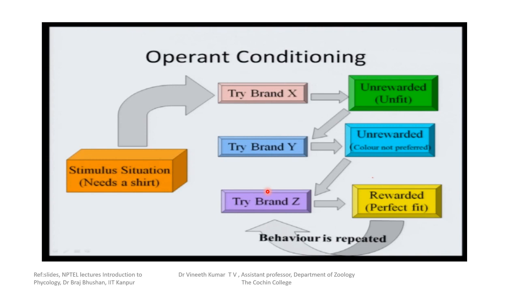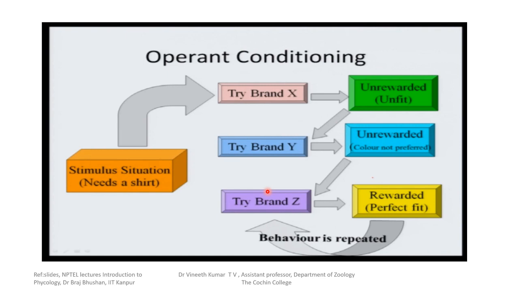What they do is, once they learn that by this particular behavior, that is by pressing this particular lever, I will get fish. By pressing this particular lever, or by pecking at that particular point, I will get a grain. Or by pressing a particular lever, the shock will be removed. The same is applicable here. If I choose brand Z, that particular shirt will be fit and I will get a color of my choice.